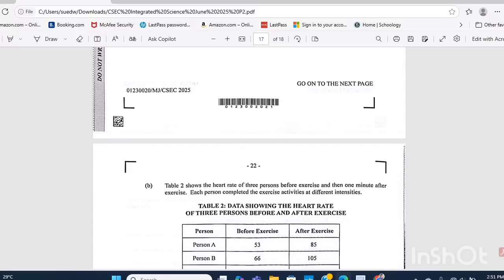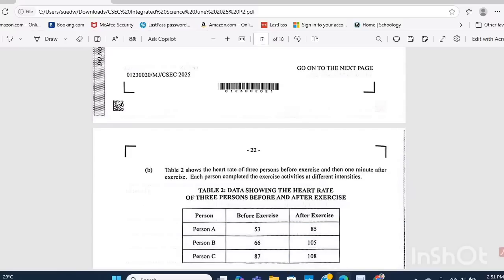And then this question is one I think almost all teachers would have done right throughout the Caribbean with their students. The one with the exercise and the heart rate before and after exercise. And this is how I know CSEC was really, really trying to help you students, because out of all of the questions from the experiments that you'd have done, I think this one is what was used right across the Caribbean.